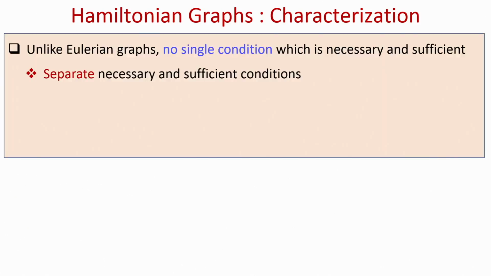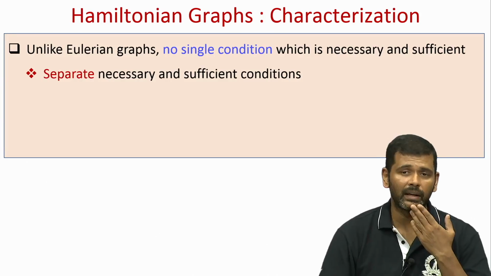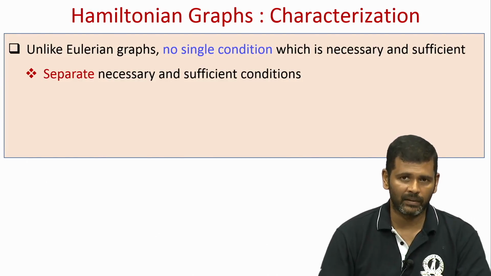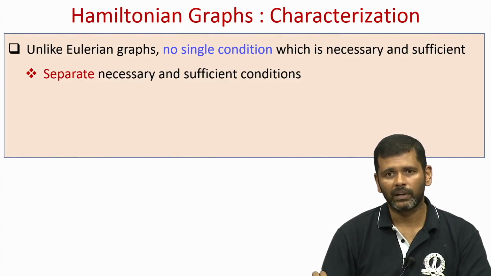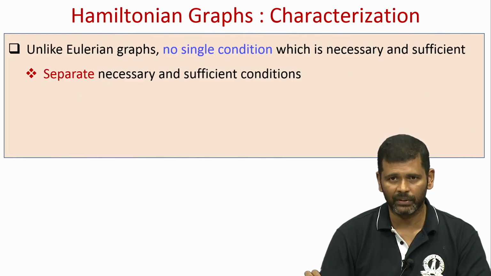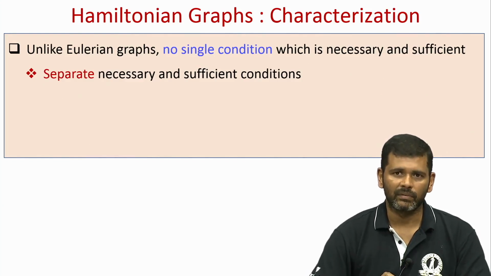Now the next interesting question is, is there a necessary and sufficient condition through which we can check whether a given graph is Hamiltonian or not? Unfortunately, unlike Eulerian graphs, where we have a single condition which was both necessary as well as sufficient. Just to recall, the condition was that all the vertices of your graph should have even degree, and that was both necessary and sufficient for the existence of an Eulerian circuit.